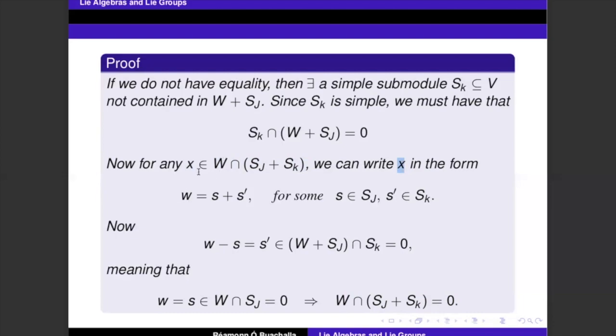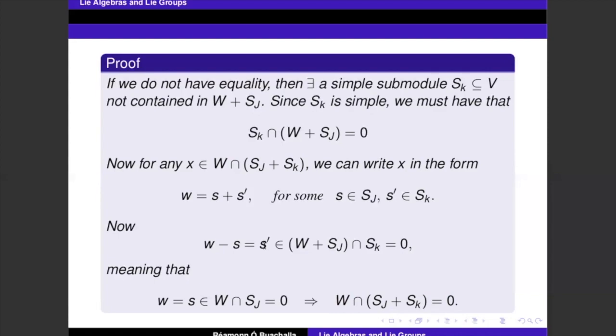So w lives inside this intersection, which means that w can be written as something in s sub j, and something in big S sub k. We write it as s, prime, s is in s sub j, the first one, s prime is in s sub k, the second. Now we can bring over our s, and that gives us w minus s is equal to s prime.